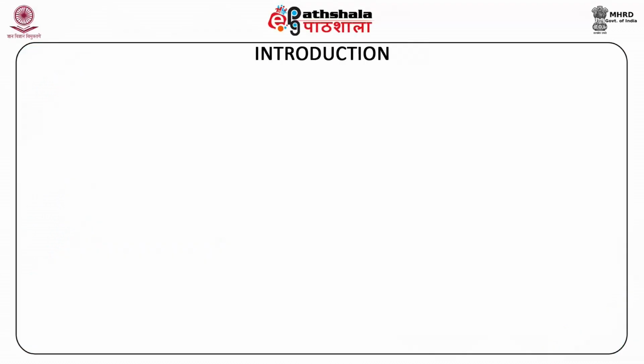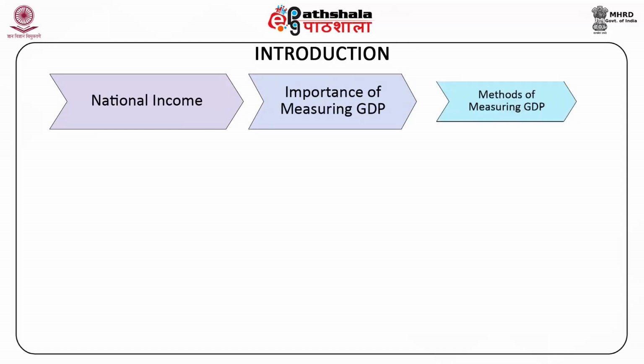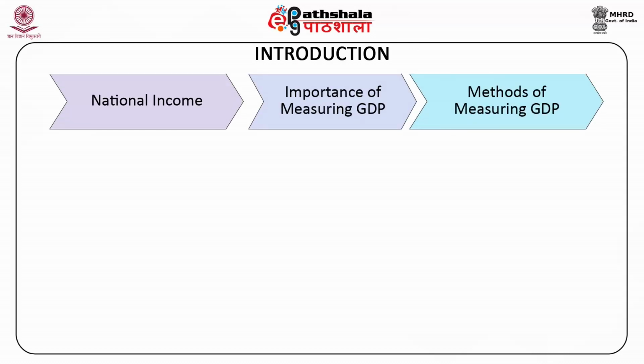We already know the concept and coverage of the national income or GDP and the importance of measuring it. This module helps in explaining how we can measure the national income. The circular flow of income suggests that every transaction has two sides, the income or the output side, or the expenditure side.